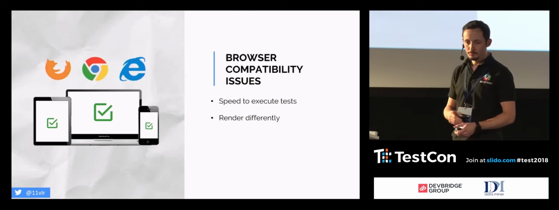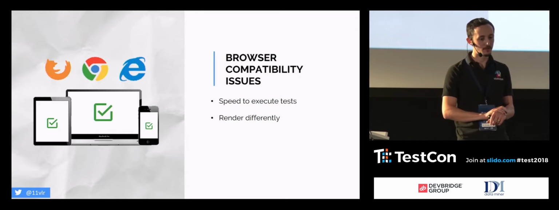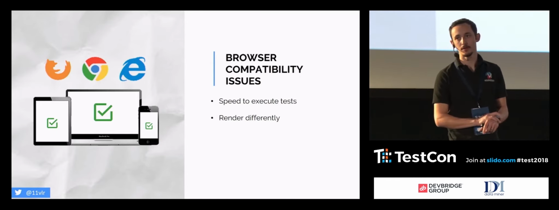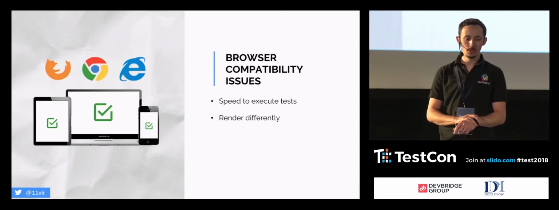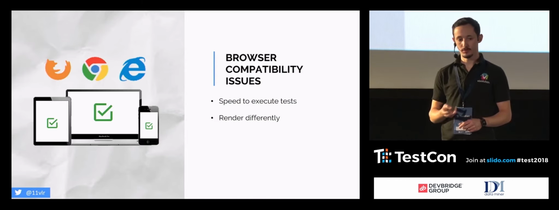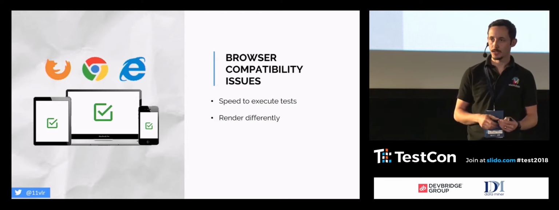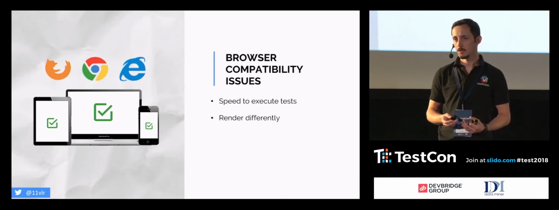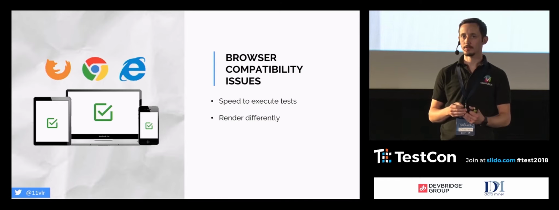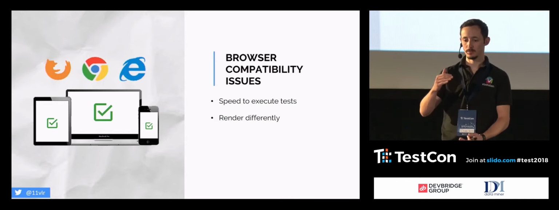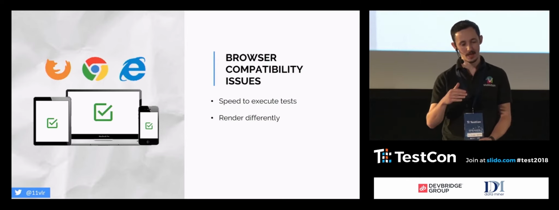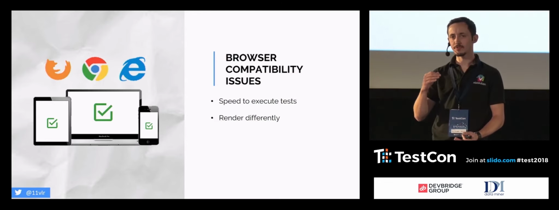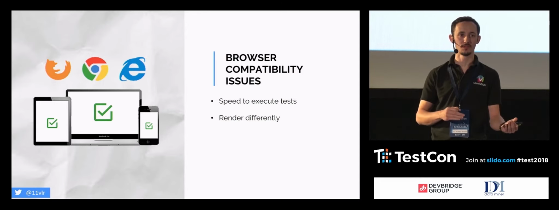If you've used Selenium, you'll know that there are a lot of browser compatibility issues. We have to support three browsers, Firefox, Chrome, and IE. And the problem is they execute at different speeds. So when you start trying to take account of lots of different browsers that you have to support, it can become quite a maintenance hell for your test code, because you have to start saying, well, if I'm in this driver type, then do this.